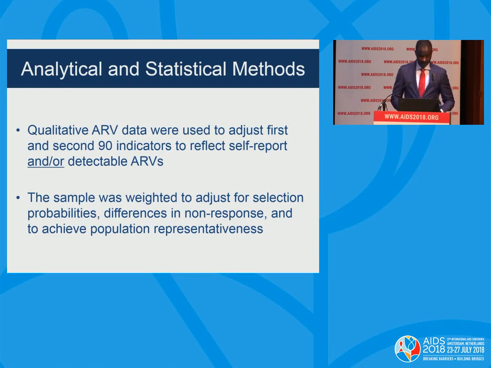Qualitative ARV data were used in order to adjust first and second 90 indicators, allowing us to reflect both self-report and detectable ARV for those figures. In terms of statistical methods, the sample was weighted in order to adjust for factors such as selection probabilities, account for differences in non-response, and take steps to achieve population representativeness.